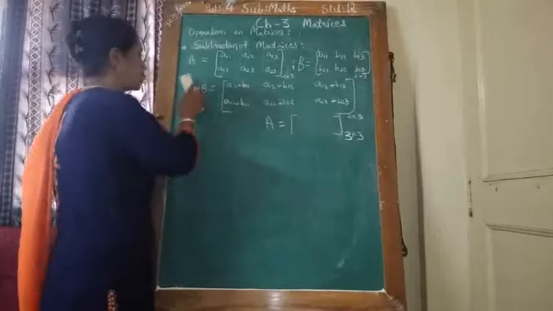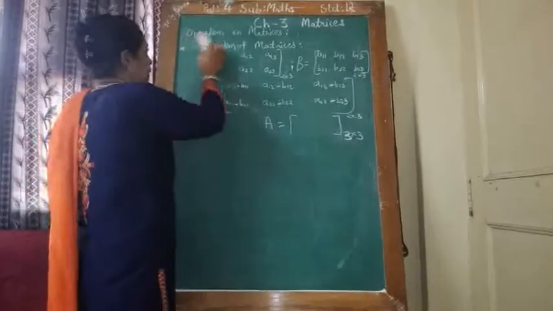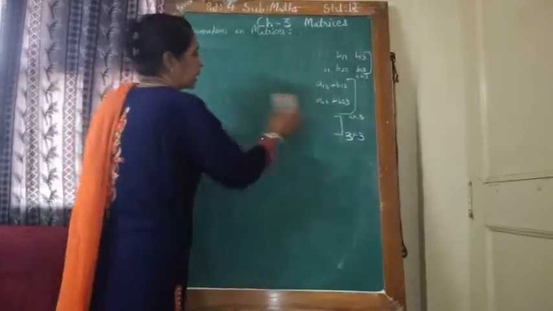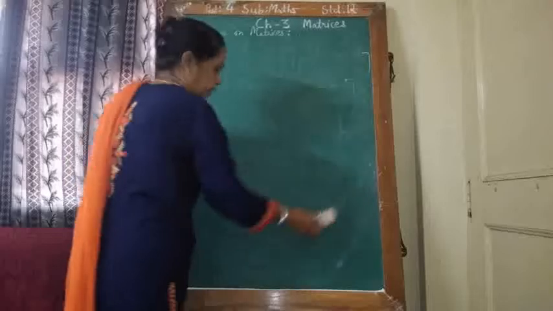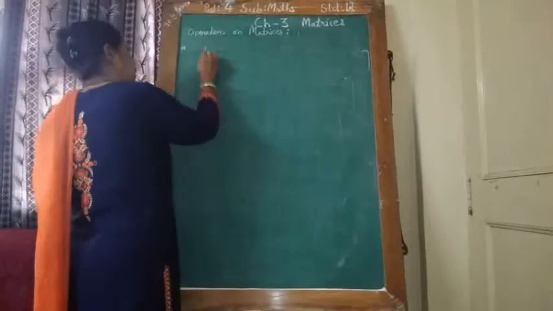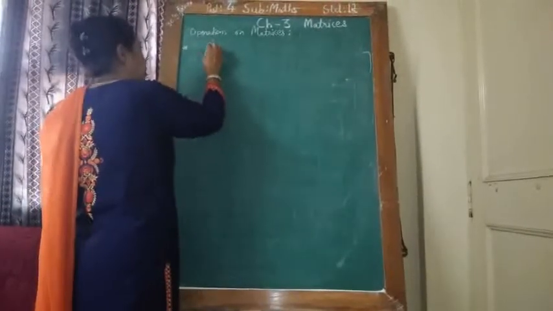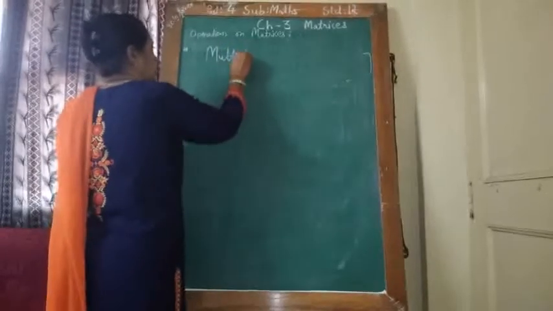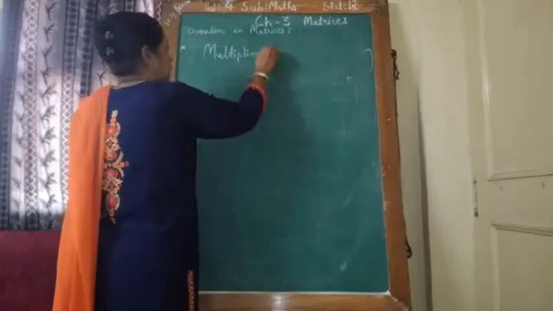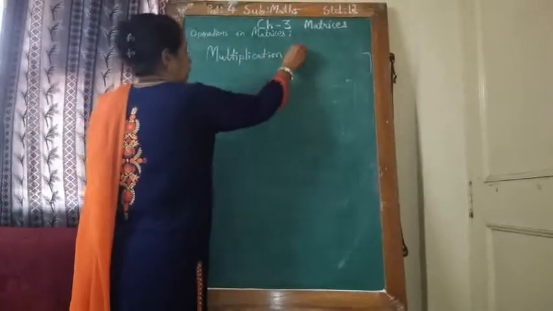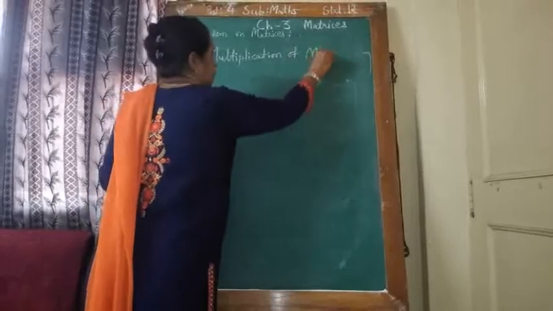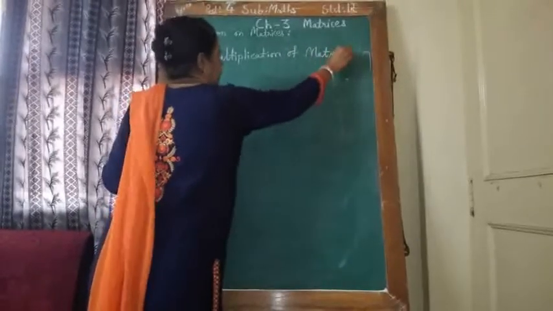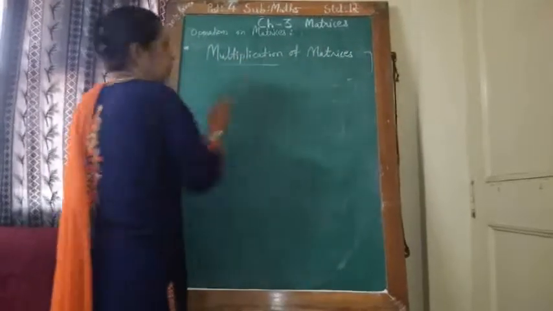So here we have seen addition, subtraction, and scalar multiplication. Now another operation is multiplication of matrices. This is a very important operation, multiplication.